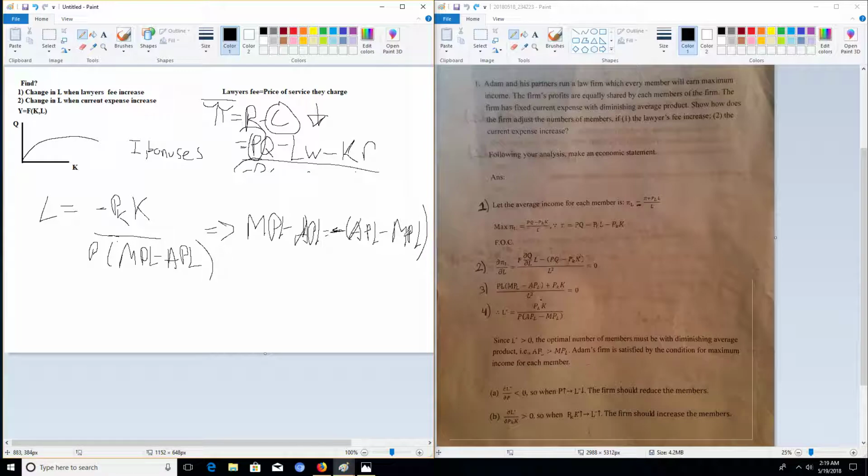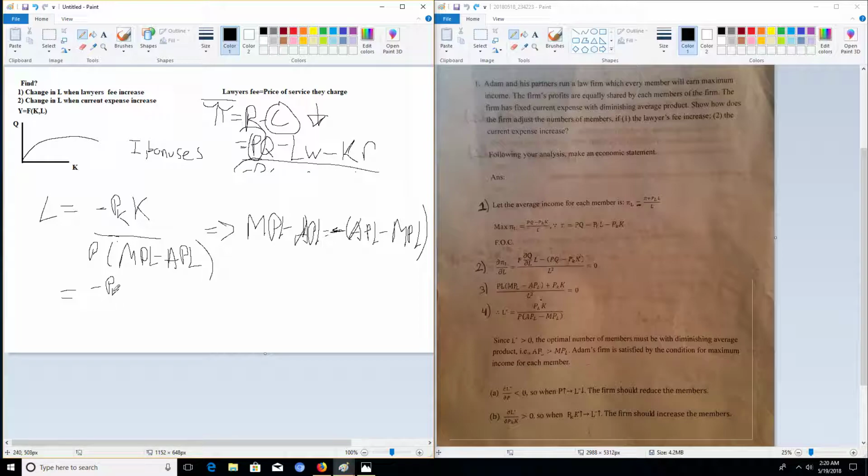Negative, positive, you distribute the minus sign, this becomes minus APL plus MPL, which is just that. So that's what he did. And once you do that, I'm trying not to skip any steps again.